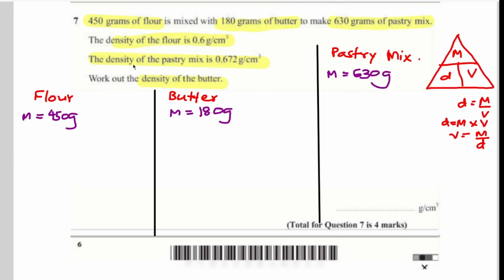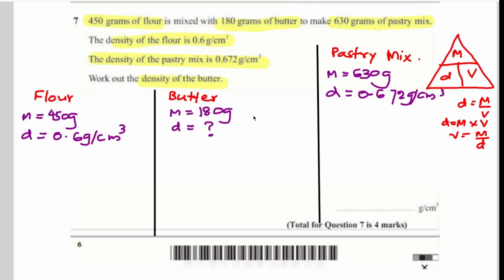The density of the flour is given here: 0.6 grams per cubic centimeter. And the density of the pastry mix is also given: 0.672 grams per cubic centimeter. And work out the density of the butter.